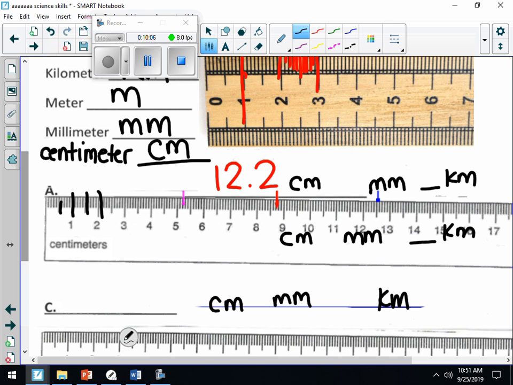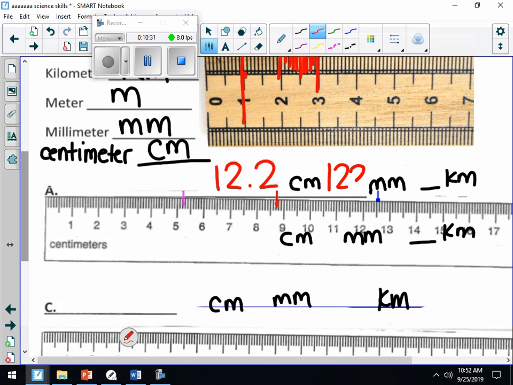So in 1 centimeter, how many millimeters do we have? In 1 centimeter, 10. So in 12 centimeters, how many millimeters do we have? How many, Jonathan? 120. But now we have 2 extra millimeters to count. Good, Demir. 122 millimeters. Excellent job.